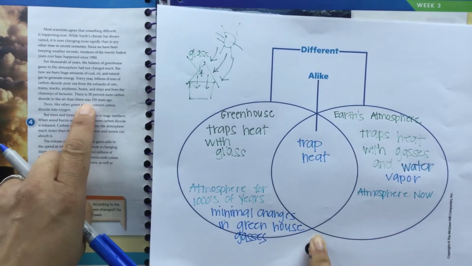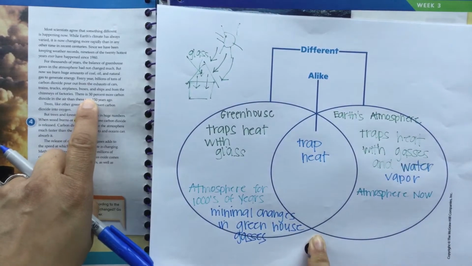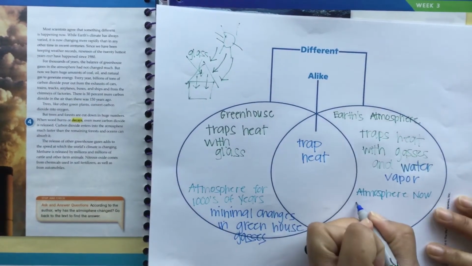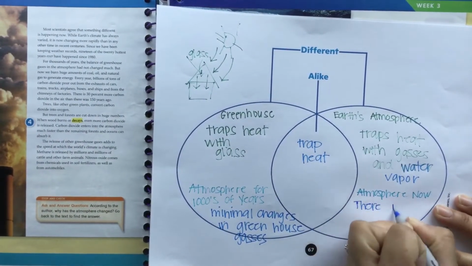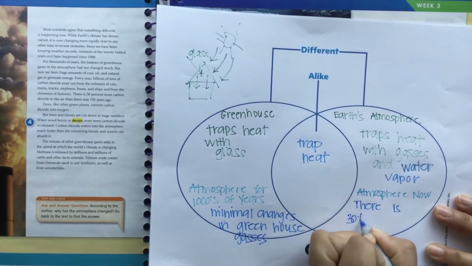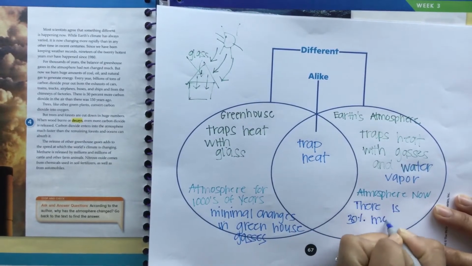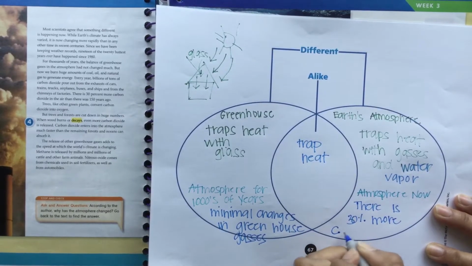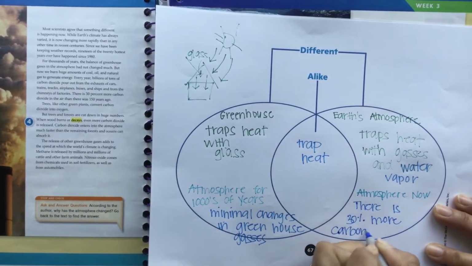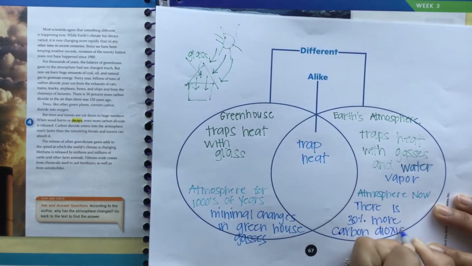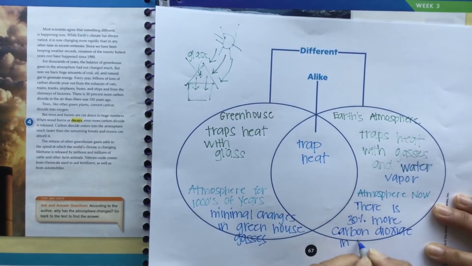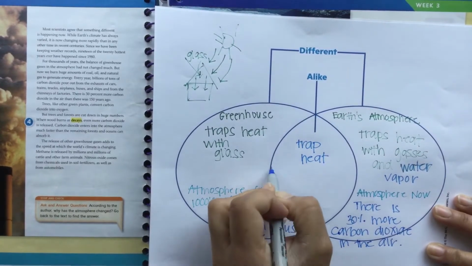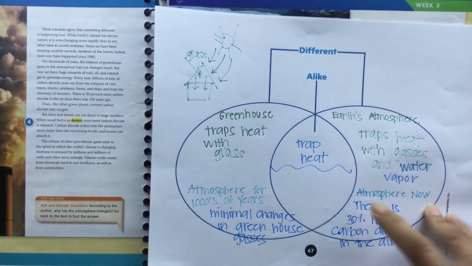And then as we went down further, we learned that in the atmosphere now there is 30% more carbon dioxide in the air.